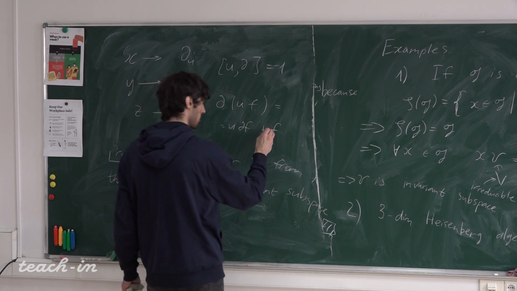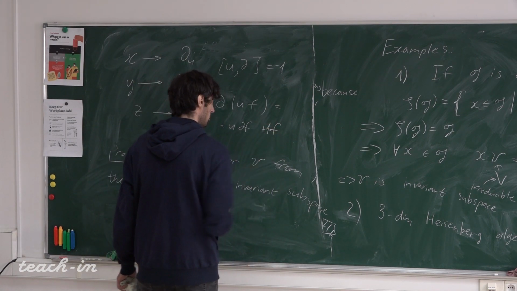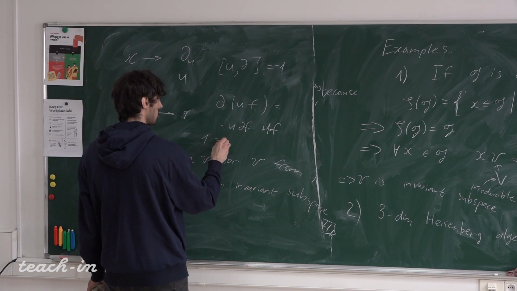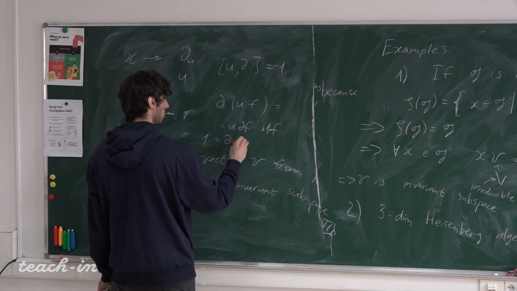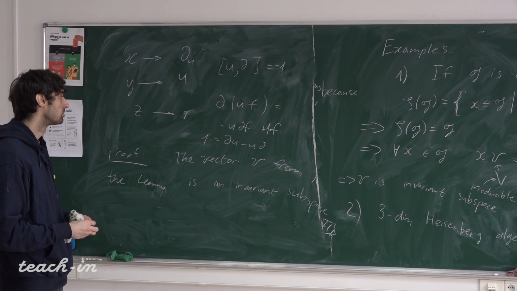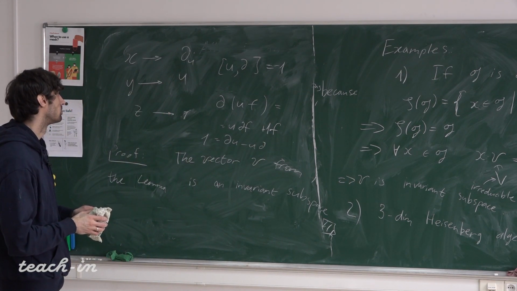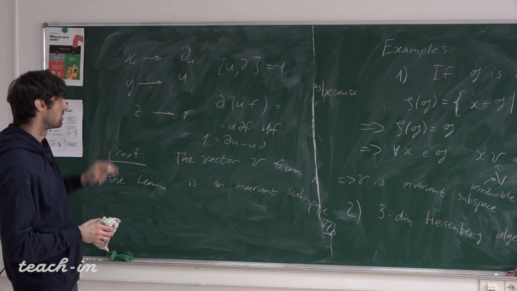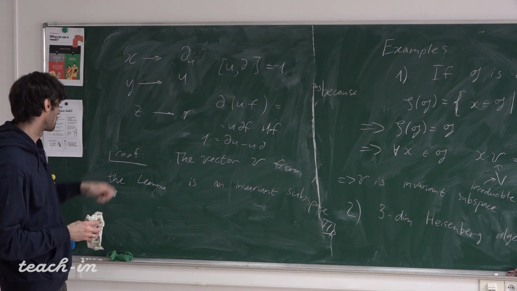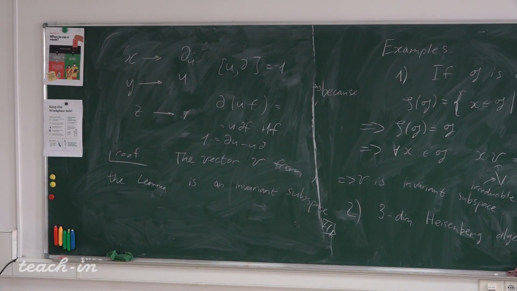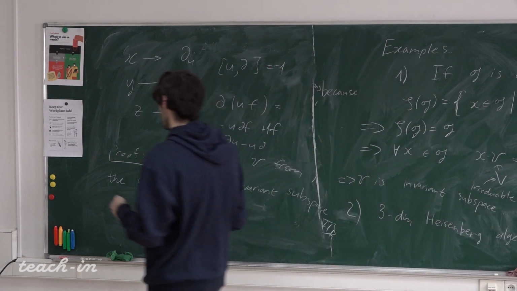So it's 1 times f. Therefore 1 is du minus ud, and therefore I have to send it like this.